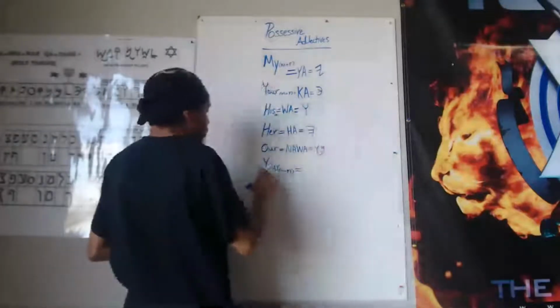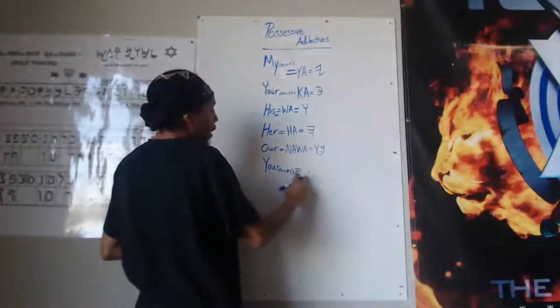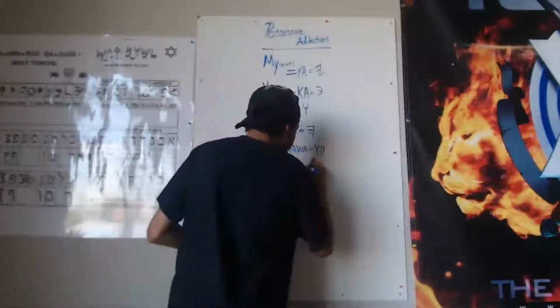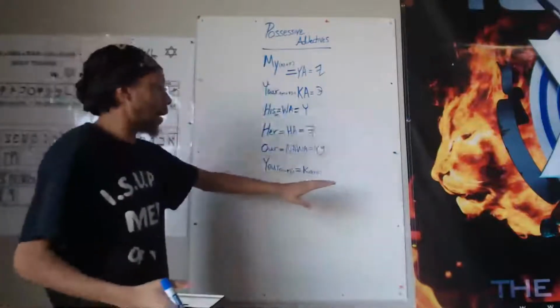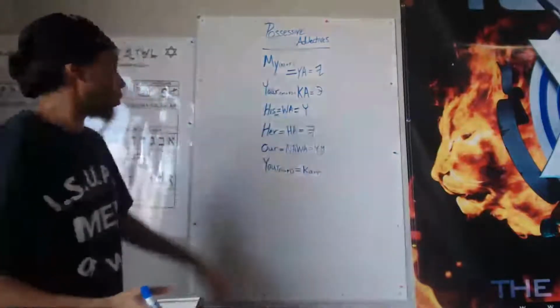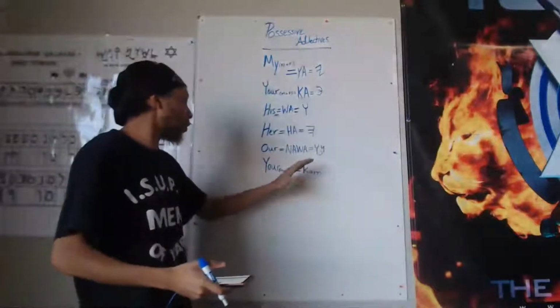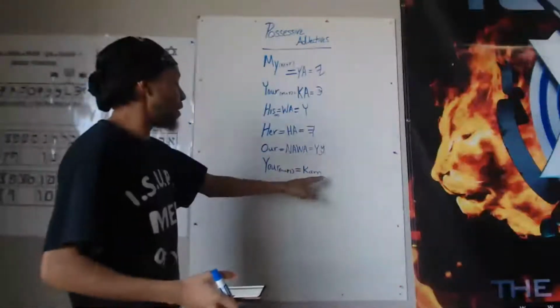And when you use it in "your," it's going to be come. Anytime you hear somebody say come, it's not con, it's come. For "your," con and come look similar, but it has an M instead of an N.